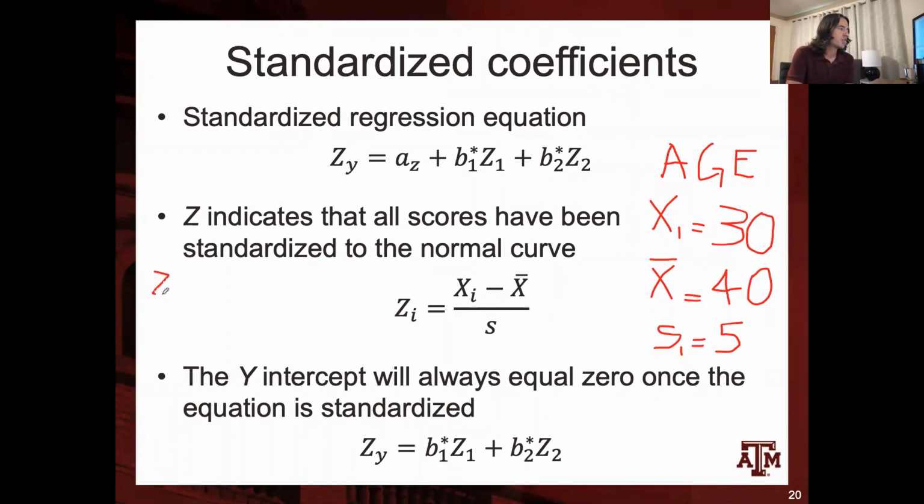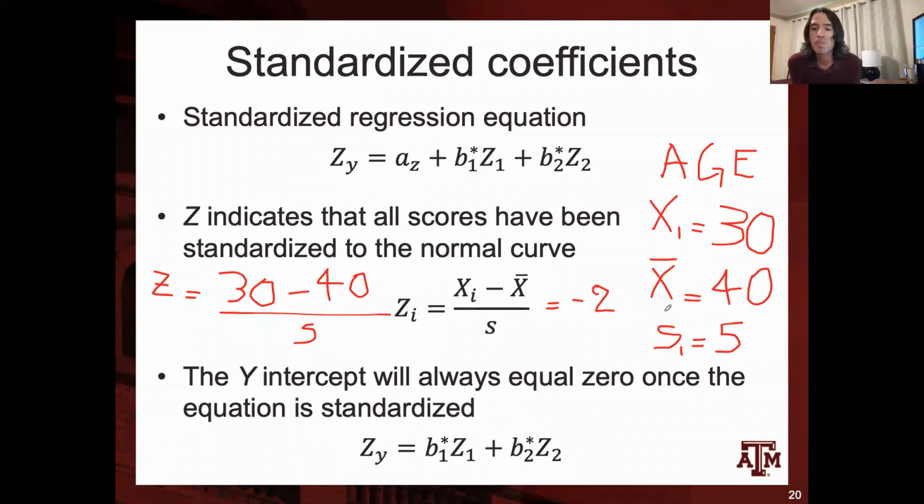The z-score for that individual for the variable age is going to be 30 minus 40, divided by my standard deviation 5. So 30 minus 40 is minus 10, divided by 5. I'm going to have minus 2. Okay?